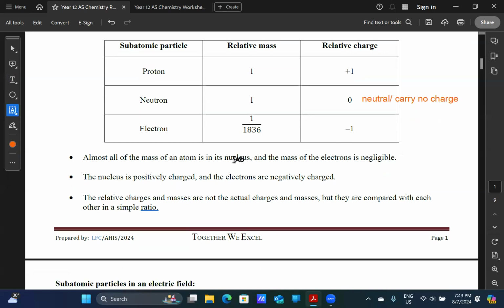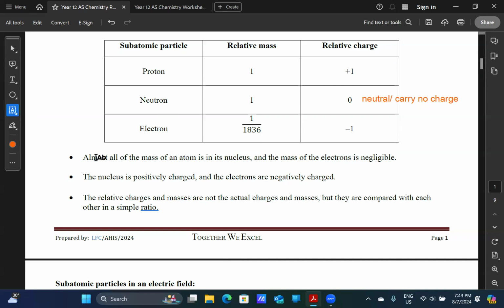Okay, before I move to the next part, you need to know that from this relative mass, you can actually compare their mass. Proton and neutron have higher mass compared to electron. That's the reason why the mass of one atom is based on its nucleus. As you know, nucleus contains proton and neutron.